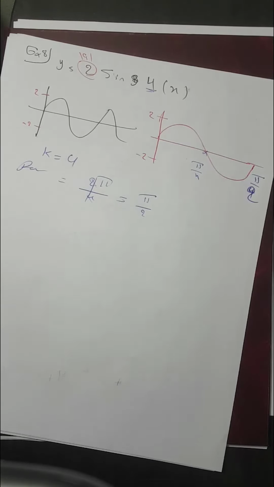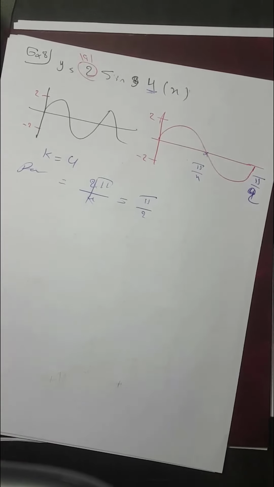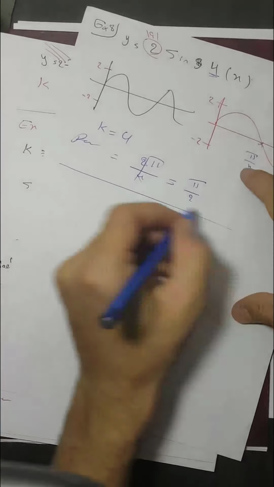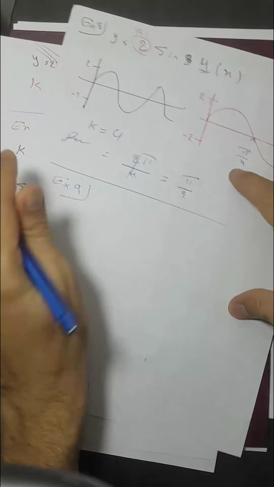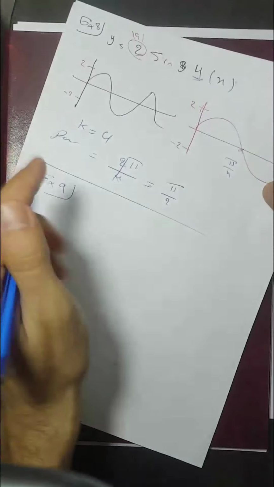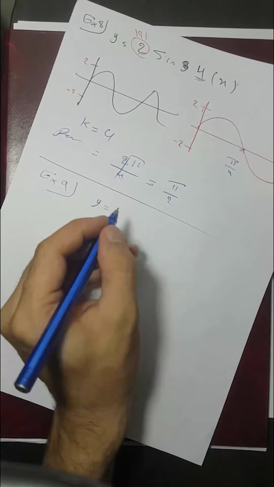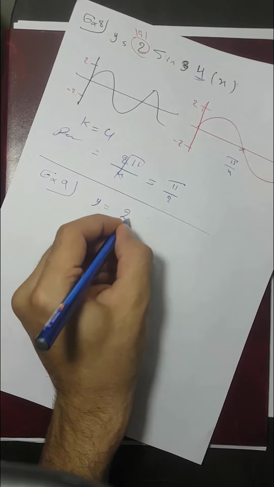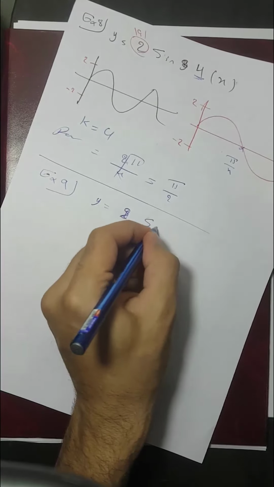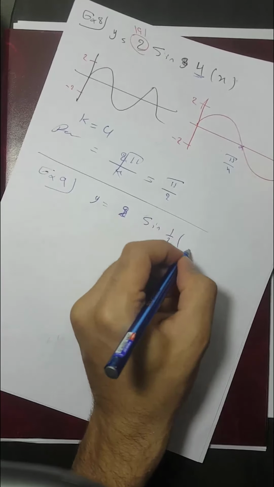Good. So now I'm going to solve another example, example 9, but with a rational period. What do I mean by this? For example, let's take a simple function, sine of 1 over 2 x.